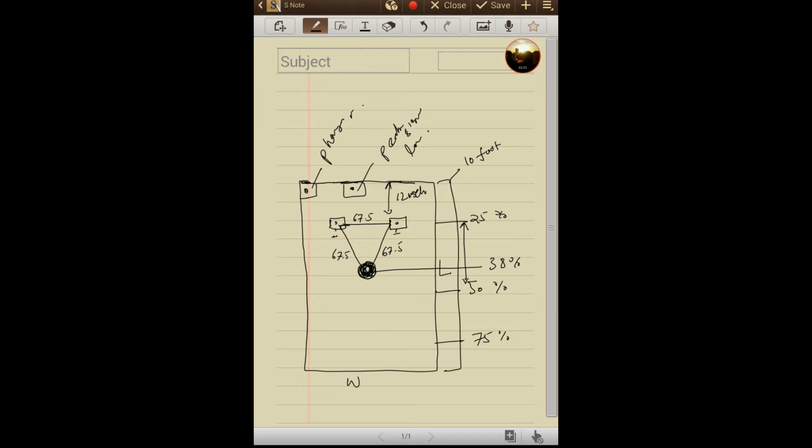If you follow all these instructions, you would create a good sweet spot, which is about here. Sweet spot or focal point. Focal point is where the sound from the tweeters converges.